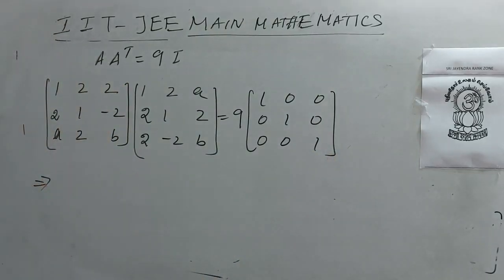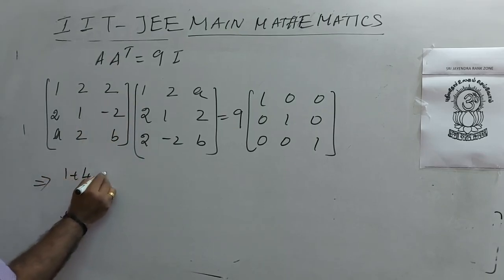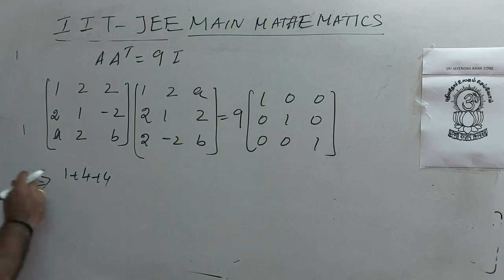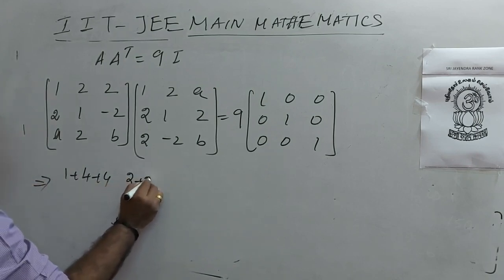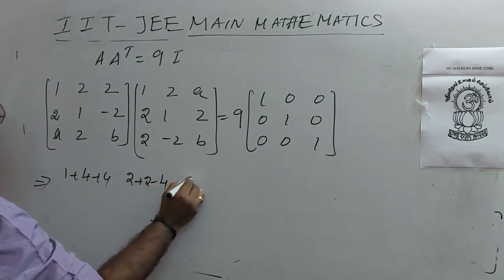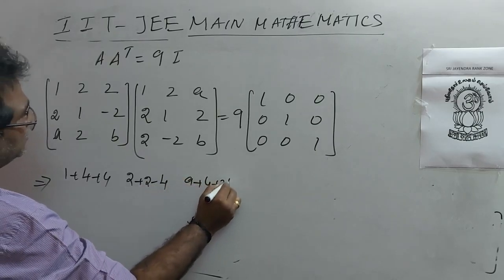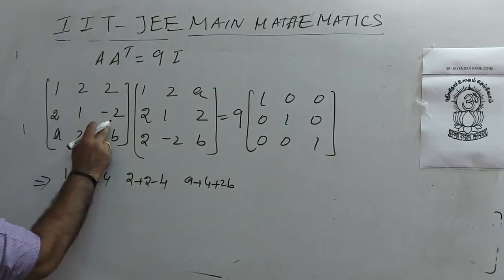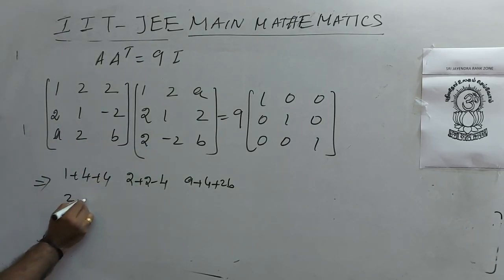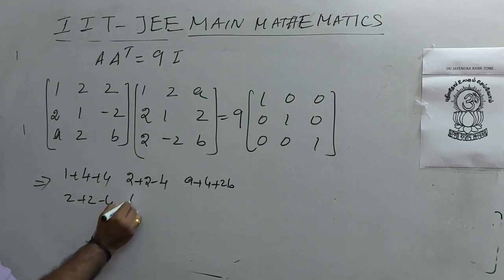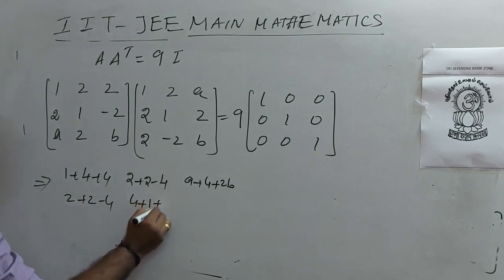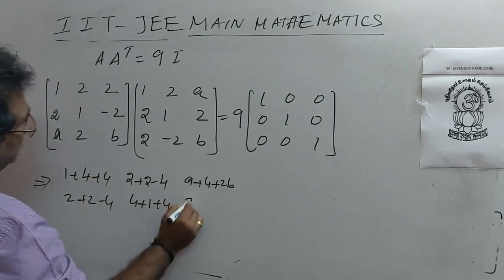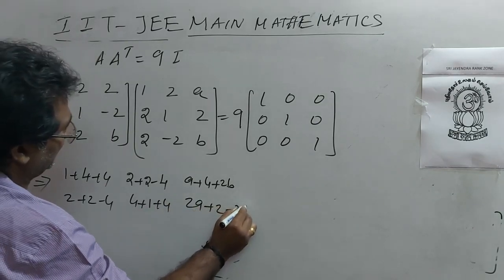You multiply: 1 plus 4 plus 4. 2 plus 2 minus 4. A plus 4 plus 2B. Taking the second row: 2 plus 2 minus 4. 4 plus 1 plus 4. 2A plus 2 minus 2B.